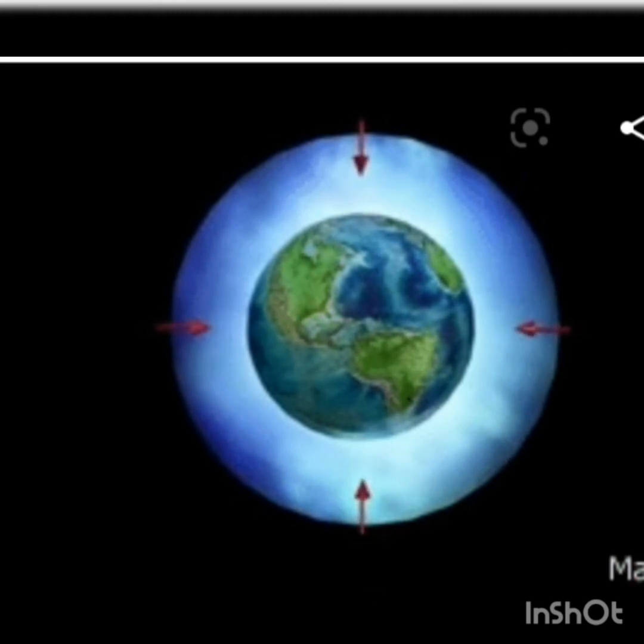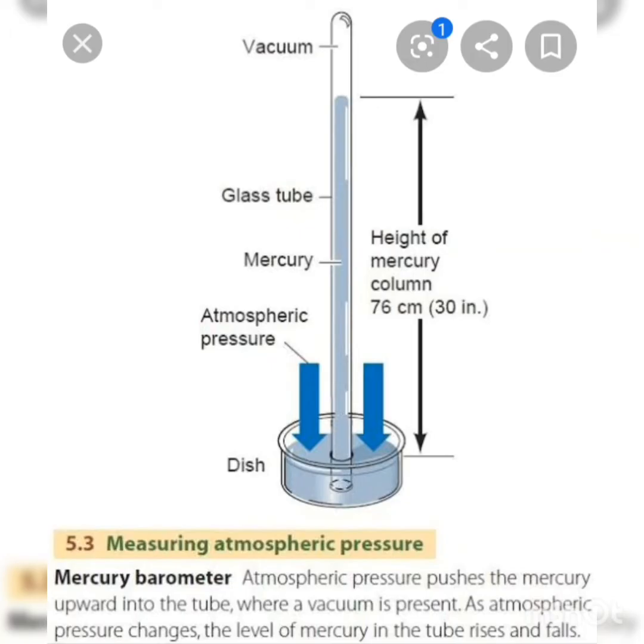The thrust exerted by an air column per unit area on the Earth's surface is called the atmospheric pressure. Air exerts pressure equally in all directions, upward, downward, and sideways, and so we do not feel it.